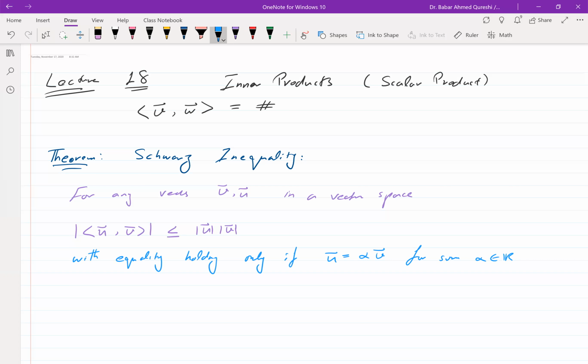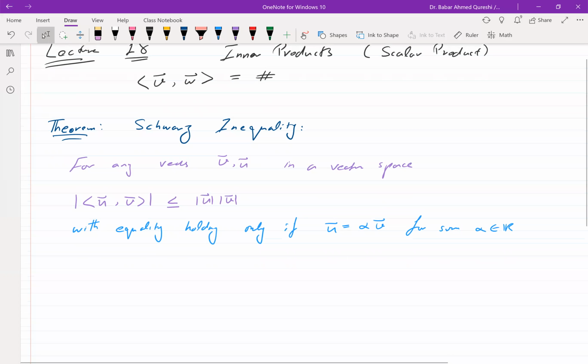And how do I get this idea? I got it from the fact that for geometric vectors, the formula for the dot product is the length of u times the length of v times the cosine of the smaller angle between them, in going from one vector to the other.